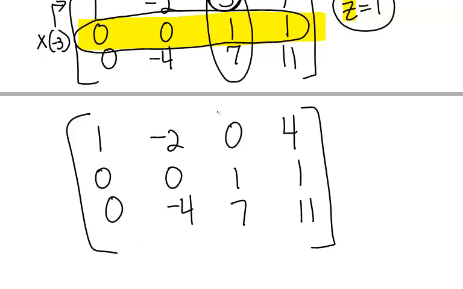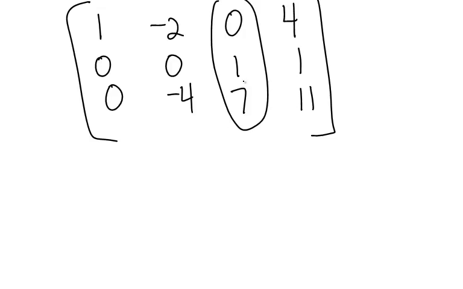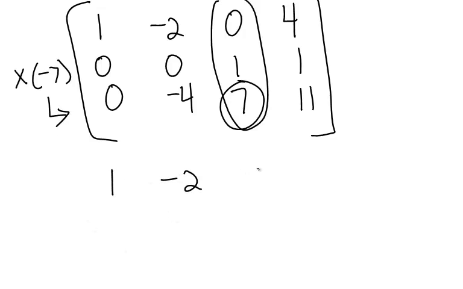Now I'm still using the 1 in that answer row. So what can I multiply by now to get a 0 right here? Multiply by a -7 and add it. Top row stays the same: 1, -2, 0, 4. Middle row stays the same. Now multiply by -7 and add it.